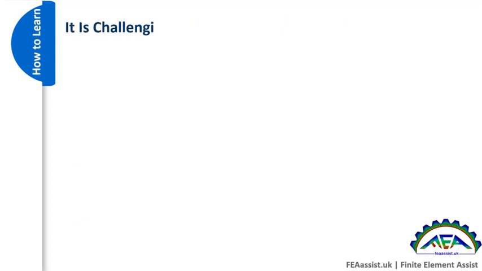But how? It is challenging, but don't worry, we simplify it for you. The challenges, the difficulties. The first one is limited documentation. You cannot find much documentation about how to model hydrogen diffusion in Abaqus. It's limited.